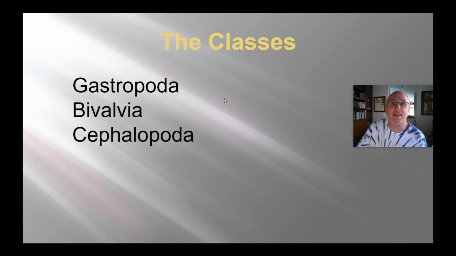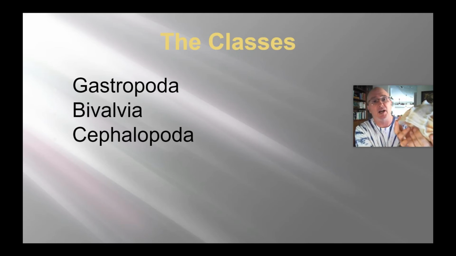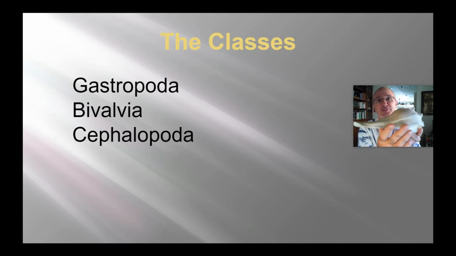All right, so within Phylum Mollusca, there's many different classes. We're going to focus on 3 classes in here: Gastropoda, Bivalvia, and Cephalopoda. So let me show you some examples. This is a great example of a gastropod. Gastropods, basically, members of this class, typically have one shell, like a snail or a conch, or this is a whelk right here.